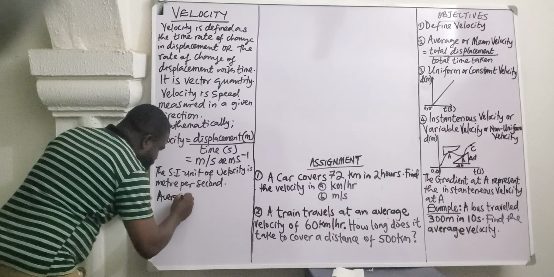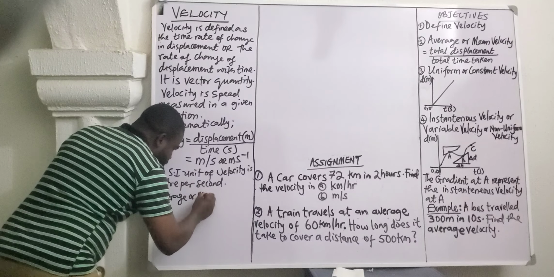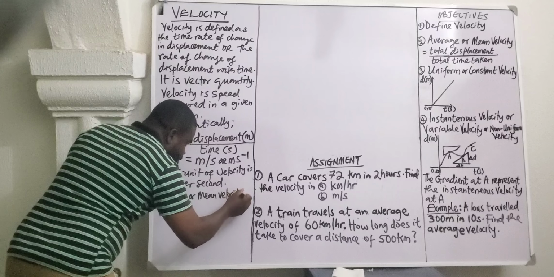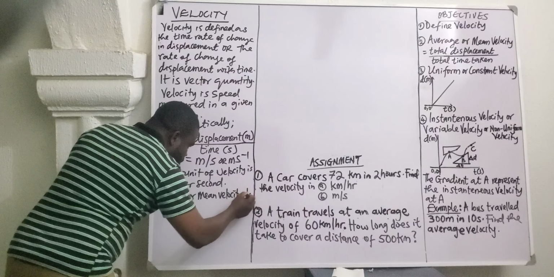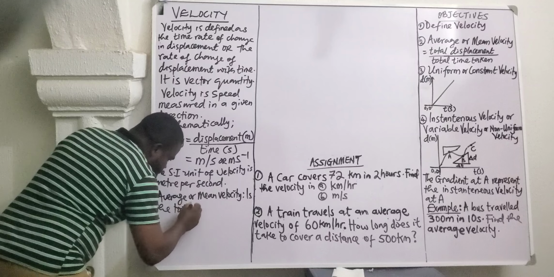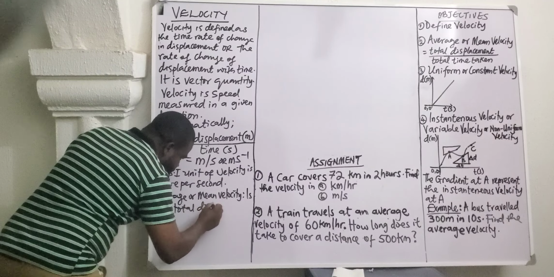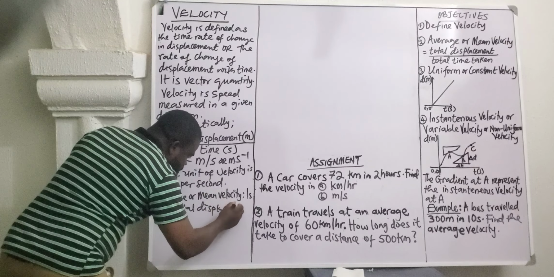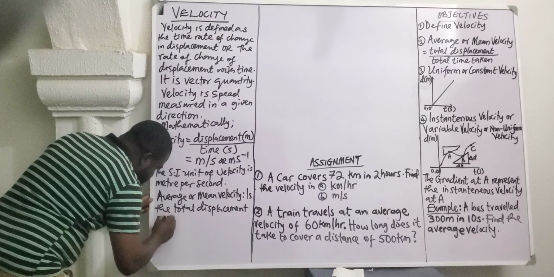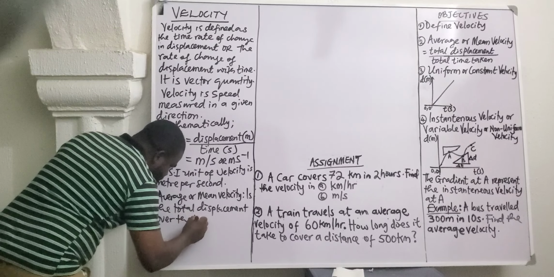Now, we have average or mean velocity. Average or mean velocity is the total displacement over the total time.